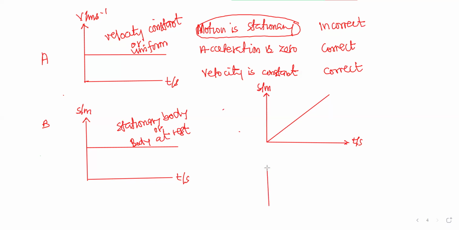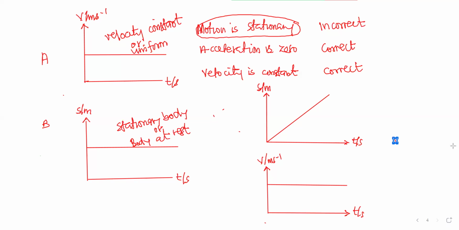The second graph is also a velocity time graph, but the graph is such that it is like this.